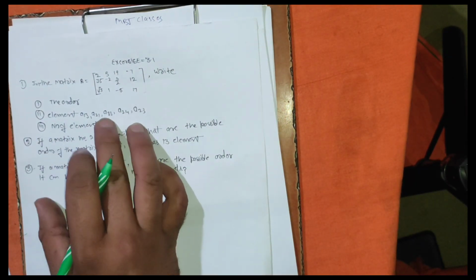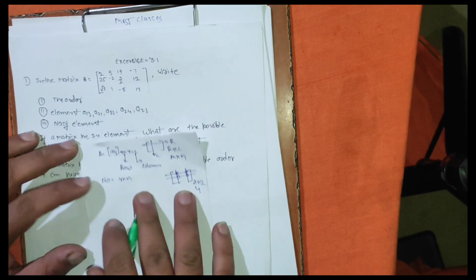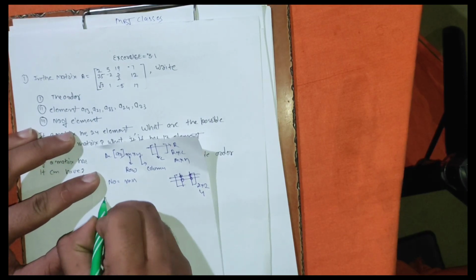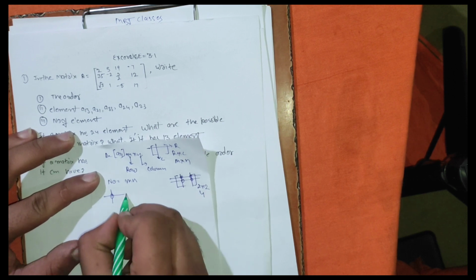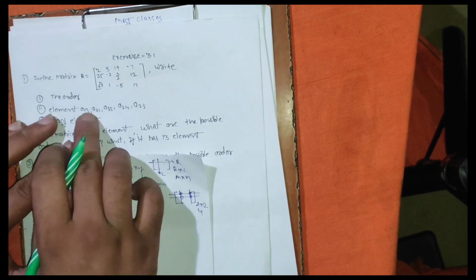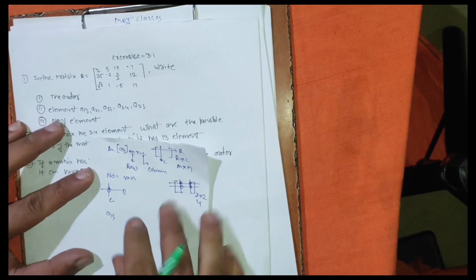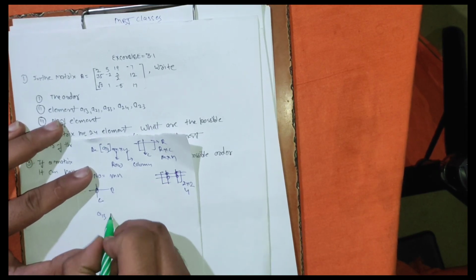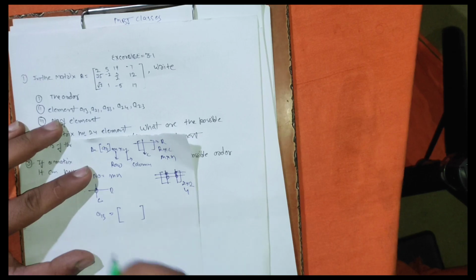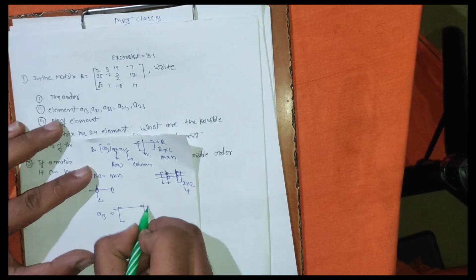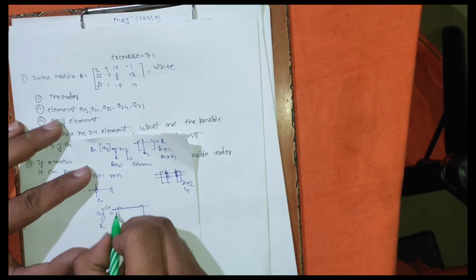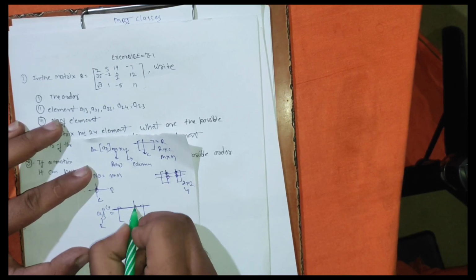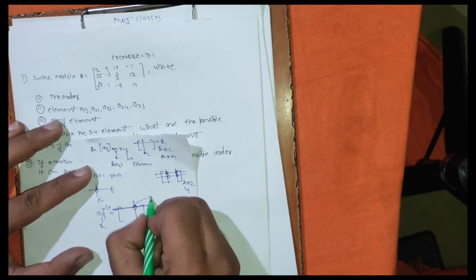Now the question says the elements a1,3 and a2,3. We know that any element is basically the intersecting point of a row and a column. So if I say a1,3, it means we talk about the first row and the third column where they intersect; this becomes a1,3.